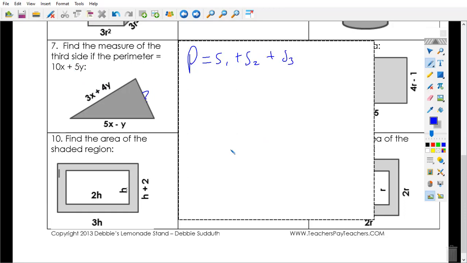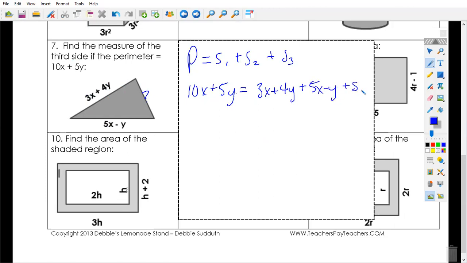You add everything up. So I know that I have 10x plus 5y, that's the entire perimeter. And I have S1 and S2. Does it matter which one is S1 and S2? No, it doesn't. So we have 3x plus 4y, and we have 5x minus y.